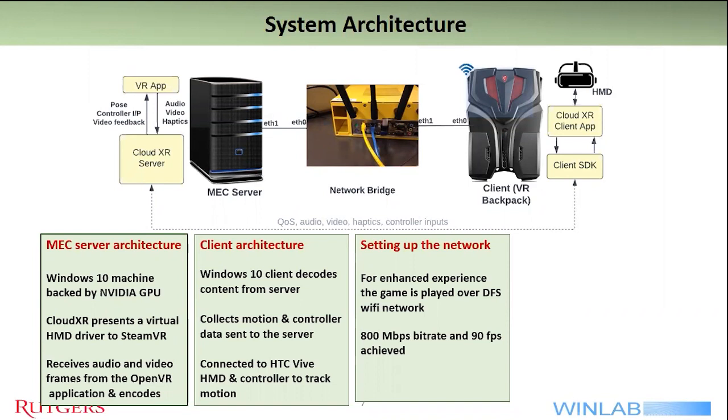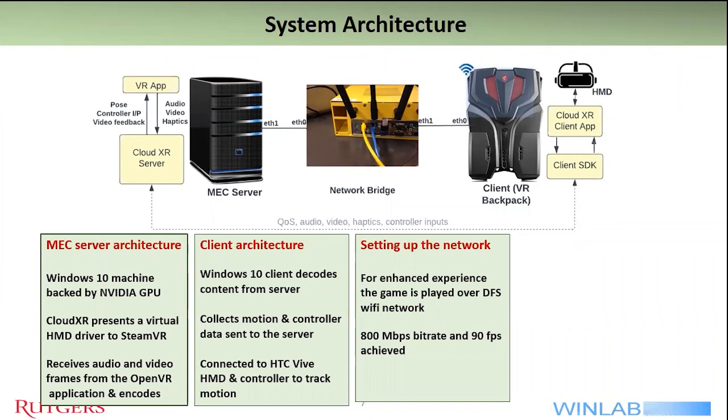Basically, when the access point boots up, it scans for the less interfered channels. With that, we used channel 100 with 80 megahertz, and we were able to achieve 800 megabits per second as bitrate and 90 frames per second, and we could play the game at its peak performance.